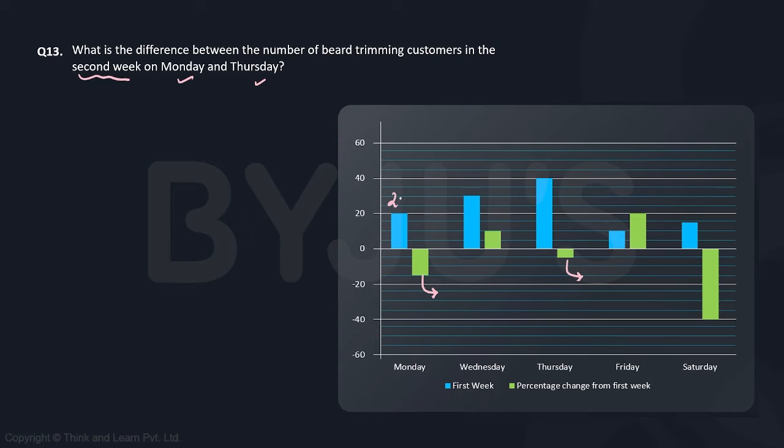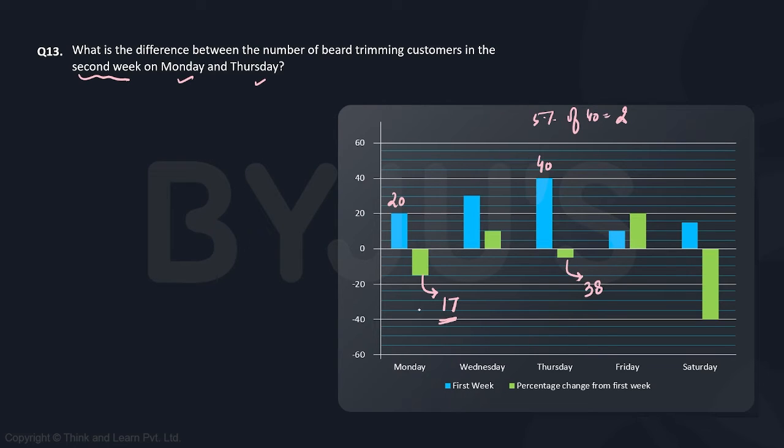So here it was 20 and in the second week it decreased by 15%. 15% of 20 is 3, so it is 20 minus 3, that is equal to 17. Whereas when I talk about this figure, it was 40 in the first week, then it changed by 5% decrease. So 5% of 40, if you calculate, that will be equal to 2. So it decreased by 2, it became 38.